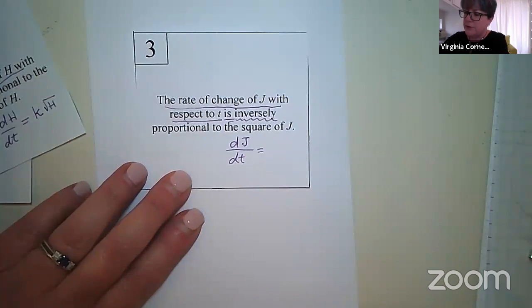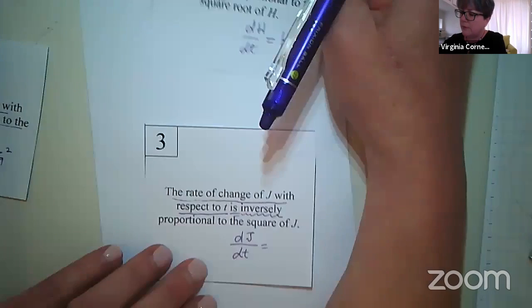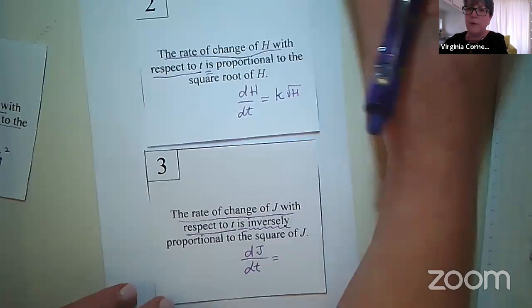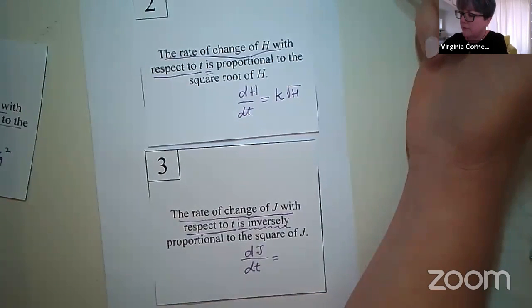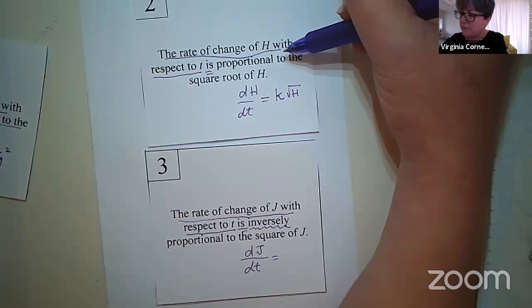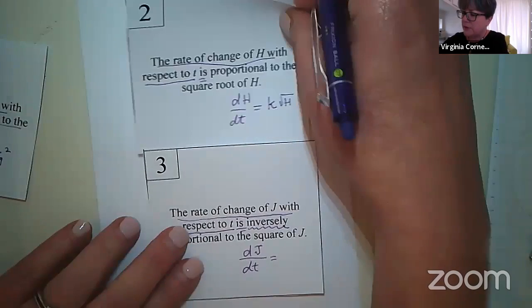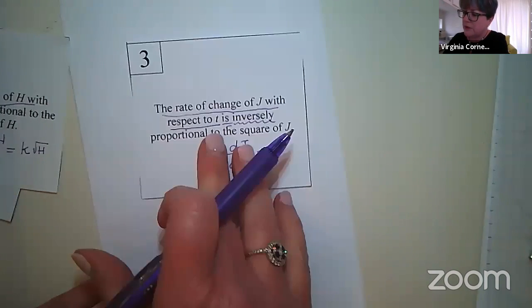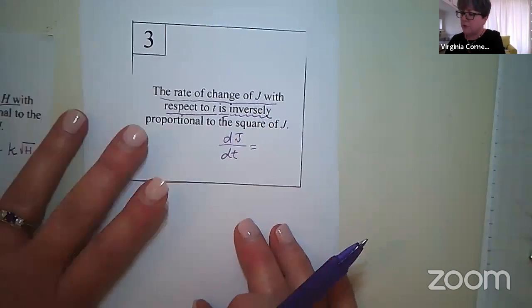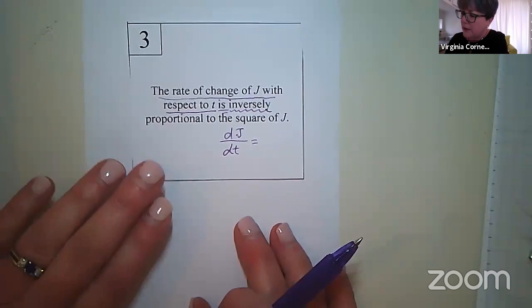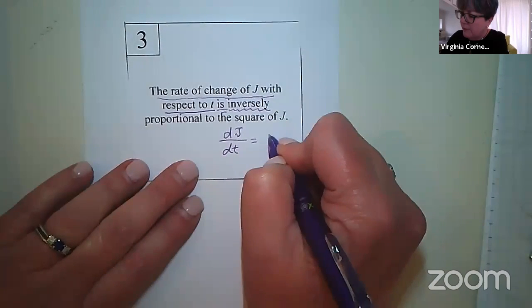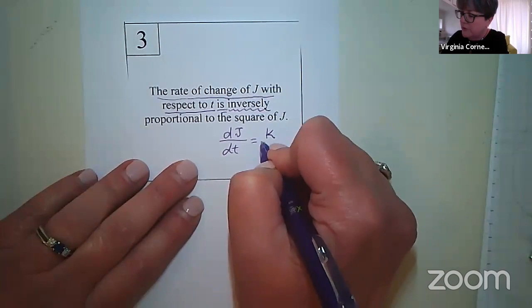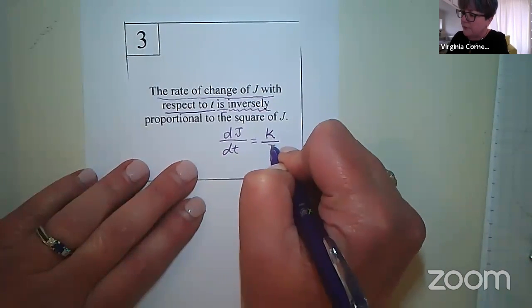In the other two examples, and actually in the A and the B example, we had pretty much a direct proportionality, even though it didn't say direct. That's implied or assumed. Here we're explicitly saying inversely proportional. And so for sure, I need to think about that J being in the denominator. So dJ dt is equal to K, my constant of proportionality, or my coefficient of proportionality, divided by J.